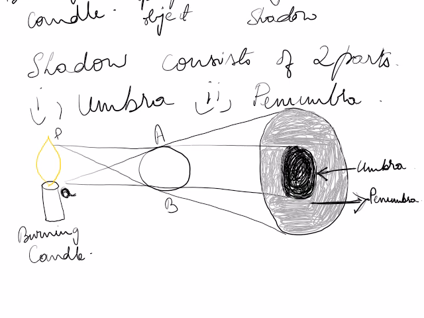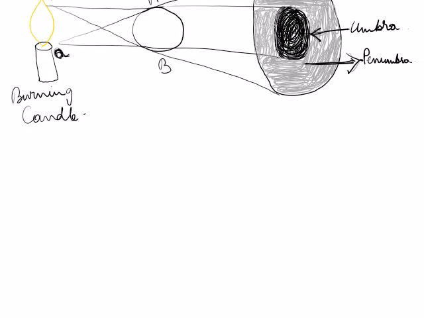Now the natural shadows in nature are called eclipses. They are the shadows of heavenly bodies. You must have heard lunar eclipse, solar eclipse. Have you heard, children? Yes. So lunar eclipse and solar eclipse are the shadows of heavenly bodies.